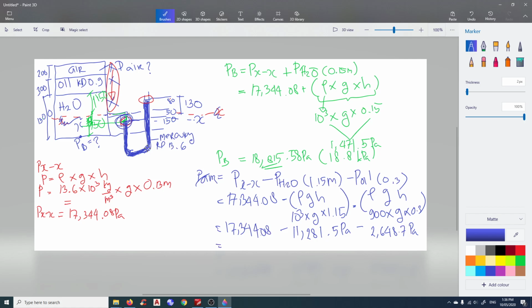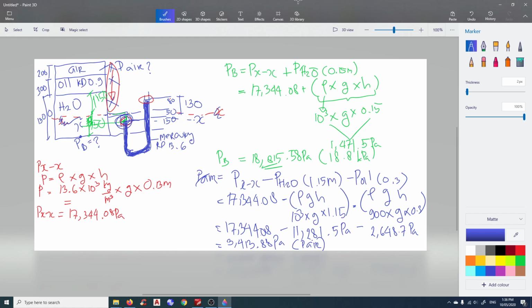So that minus 11,281.5 minus 2,648.7. So the pressure of the air, what you get is 3,413.88 Pascal. So that is the air pressure.